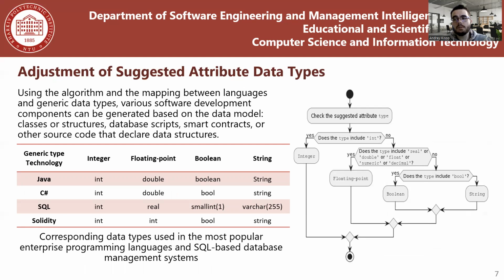After the data types are suggested using the associative rules approach, we need to adjust them because the Yale dataset includes SQL databases, and we need to generalize obtained data types so we can map these generic data types further for various software development components which we can generate from the data model, like classes or structures, database scripts, blockchain smart contracts, or other source code that declares the data structures.